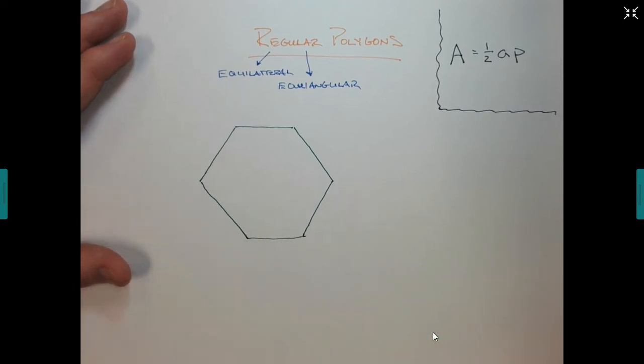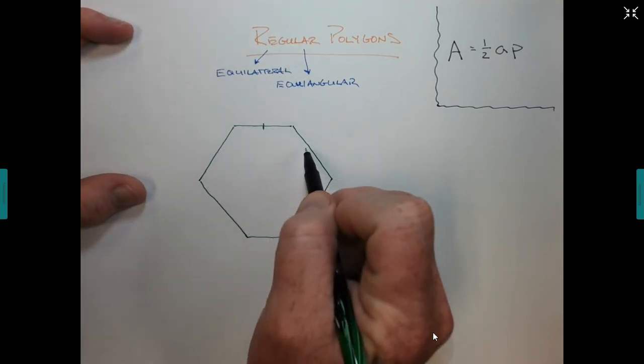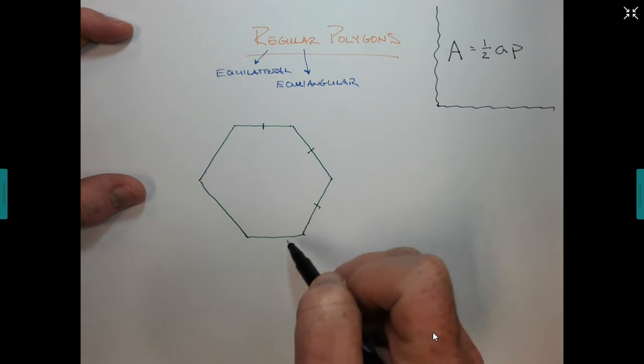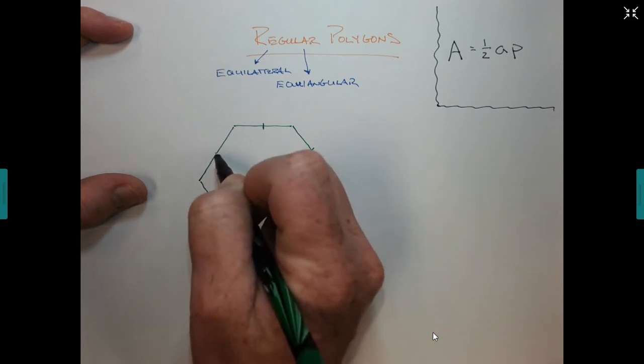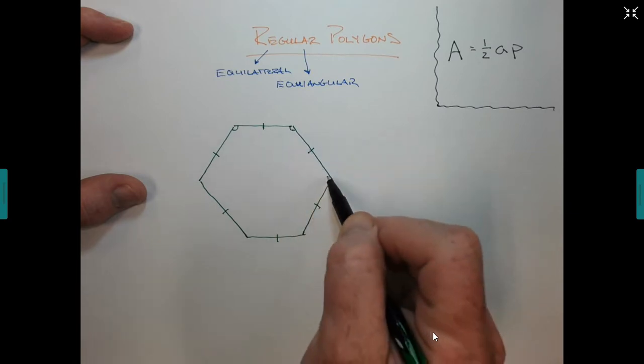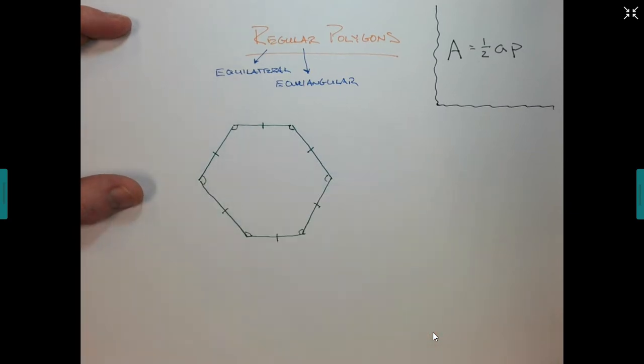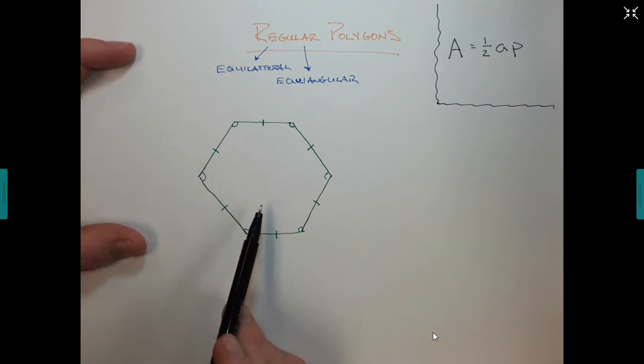That's not bad. That's a half decent 6-sided shape. We have to understand that we're looking at something that's regular, so not only are all of these sides the same measure, but all of these angles in here are the same measure as well. Well, this formula is going to help us find the area of this polygon.